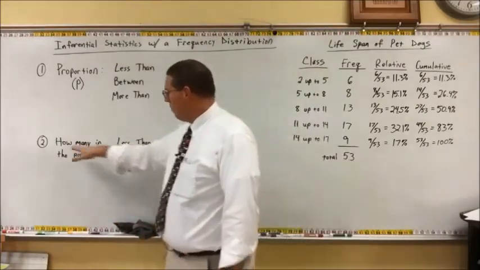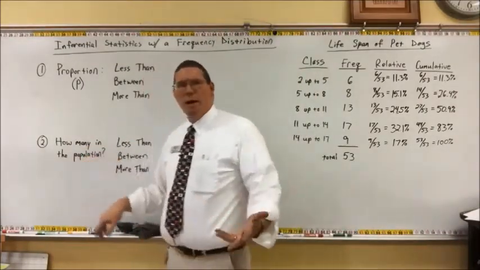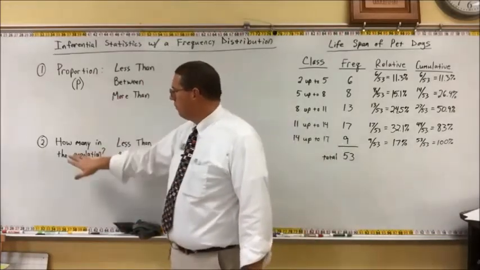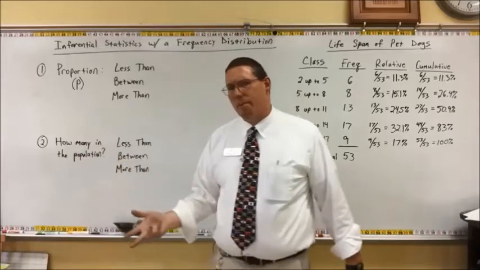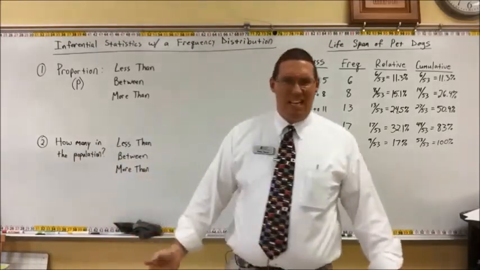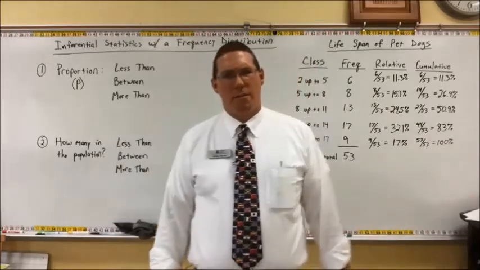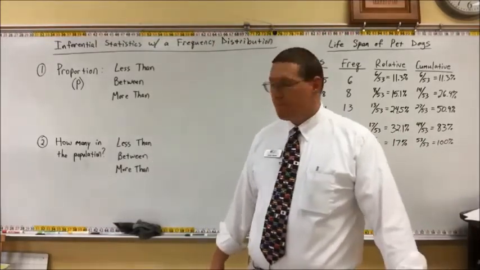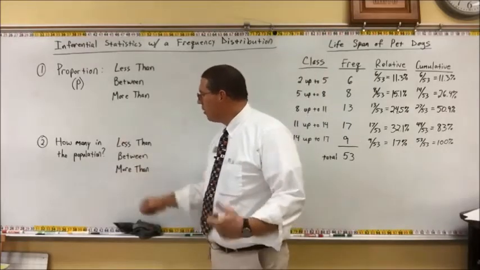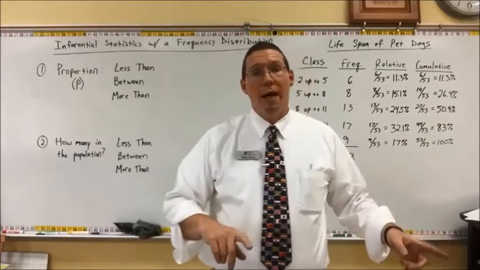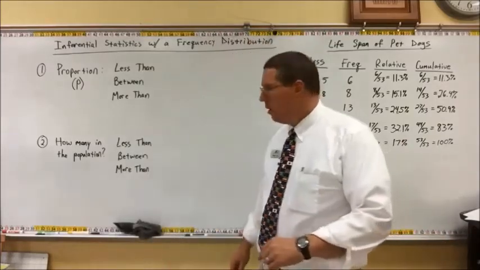Now, when we get to how many in the population, we're asking the same thing. Only this time, instead of asking what proportion, we're asking, well, how many in the population? And so we might say, how many of all the dogs in the United States live fewer than 5 years? Or how many of the dogs in the population live between 2 and 8 years?